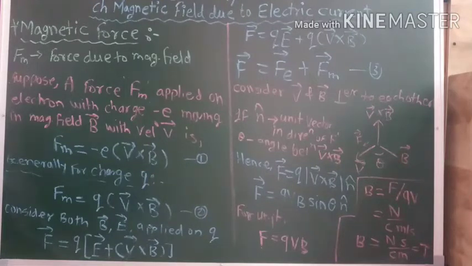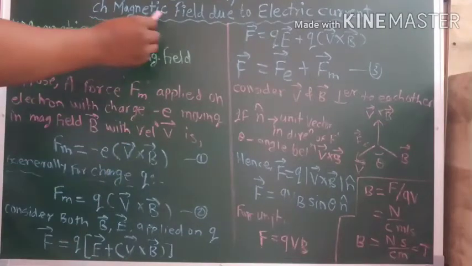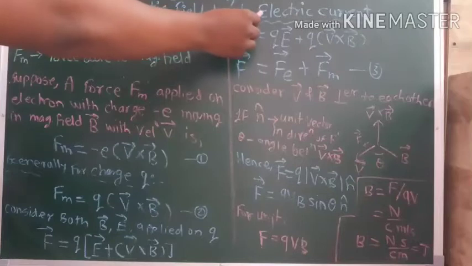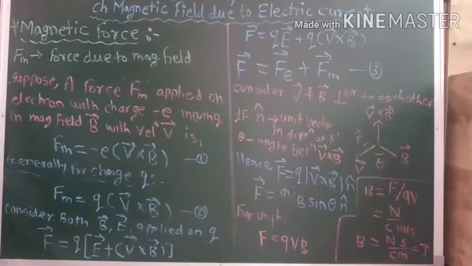The name is magnetic field due to electric current. In the last lecture, we already studied what is meant by electric current. Now, in this chapter, magnetic field due to electric current.